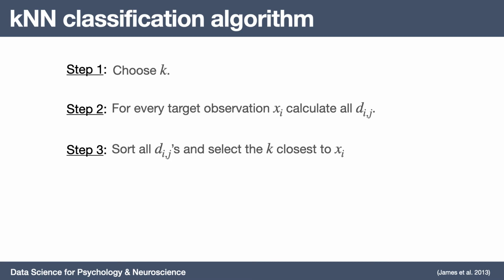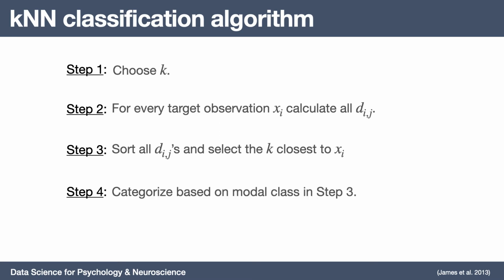You then sort all of those distances, dij, and select the k smallest, which are the closest to xi. And then you categorize based on the majority class in step 3, which means that the group that most often occurs in your sample vector of distances is the group that this observation most likely belongs to.